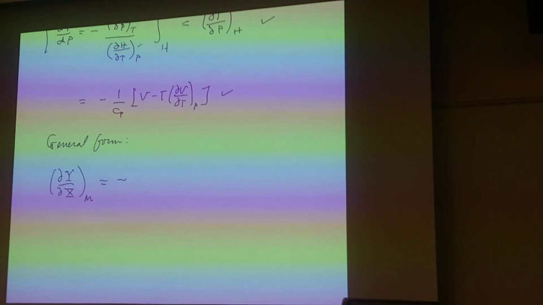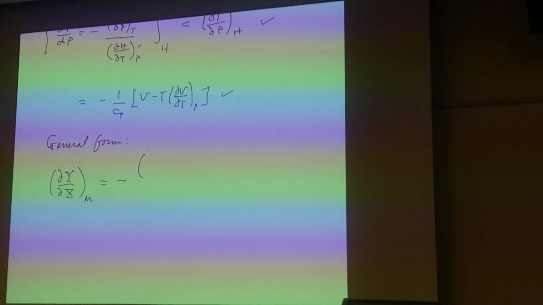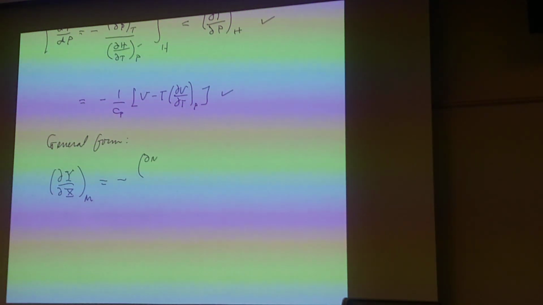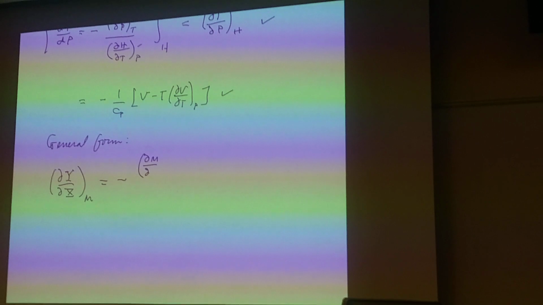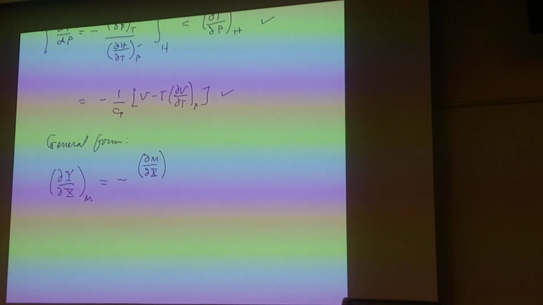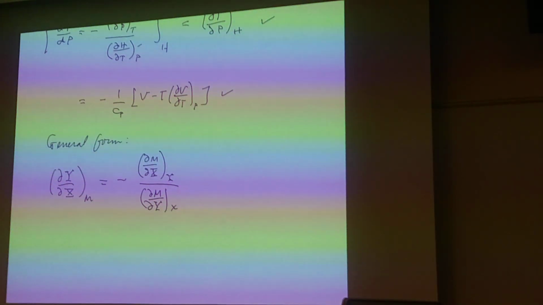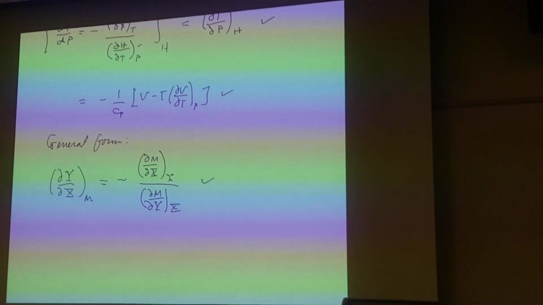It's going to be minus the ratio of the derivative of m with respect to the denominator, at constant y, over the derivative of m with respect to the numerator, at constant x. So there's the general form.